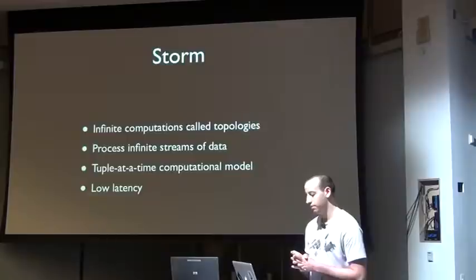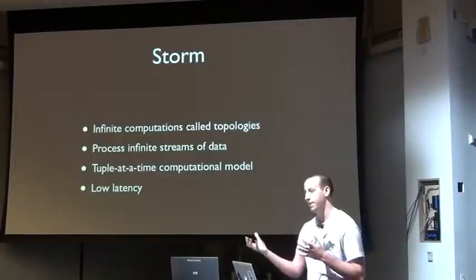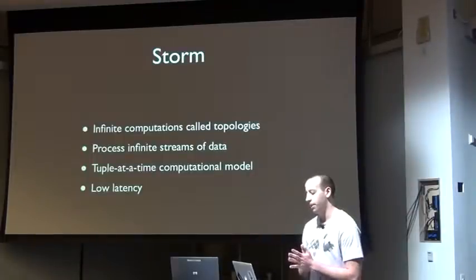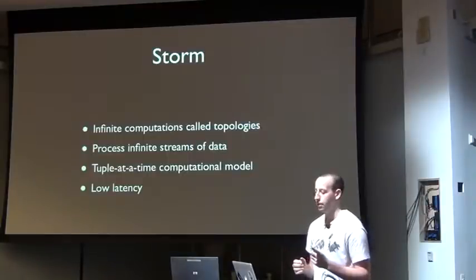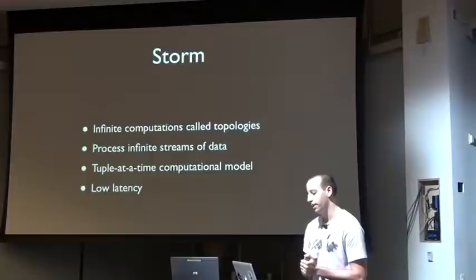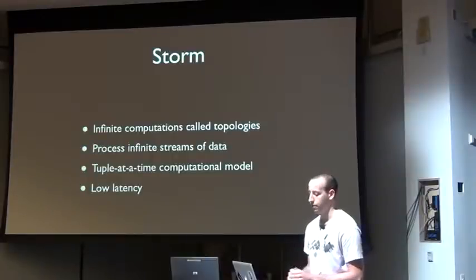Storm is different. With Storm, you run infinite computations called topologies, and you process infinite streams of data. The computational model of Storm is processing one tuple at a time, and Storm is low latency, real-time processing.